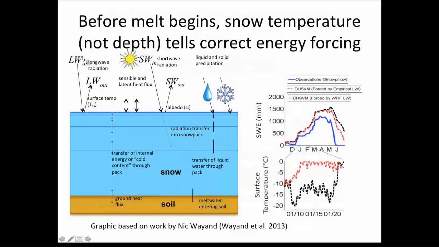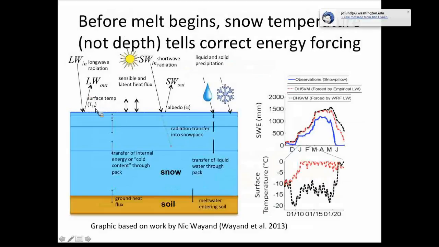And so during the snow melt season, it's isothermal. This is not interesting. But during this intermediate season, you can actually see that there's a lot of texture and dynamics going on, and how the snow is getting colder and warmer with different days.